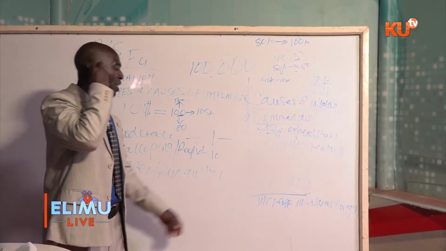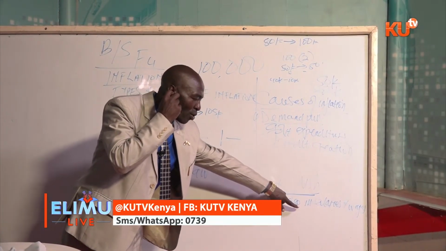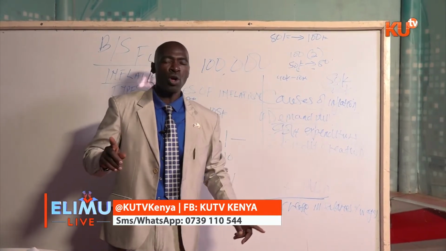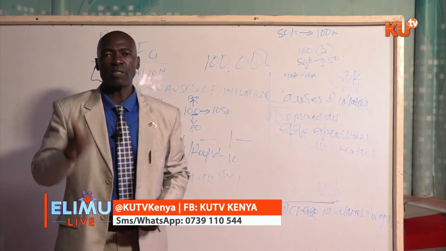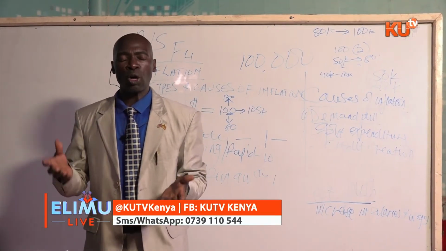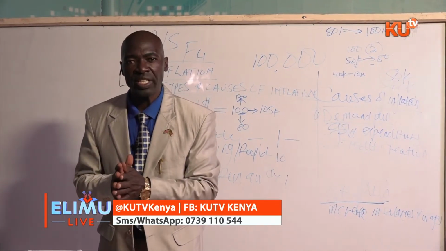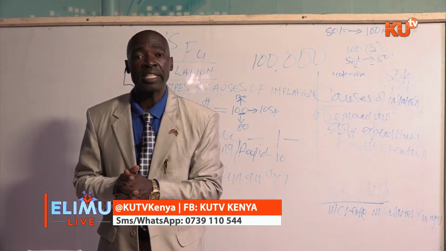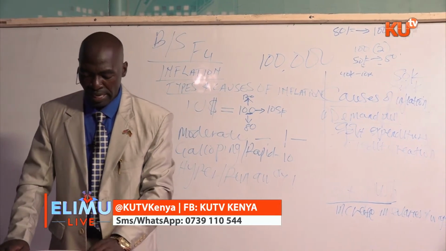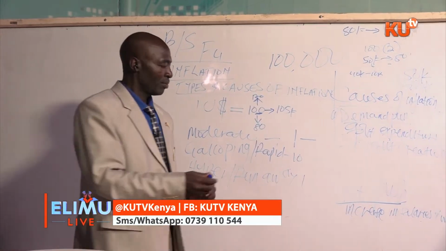So this means the increase in salaries and wages brings a great impact to the final price of that particular product. Now, when there is a general rise in the commodities and also the services, that is when the inflation rate is also witnessed.